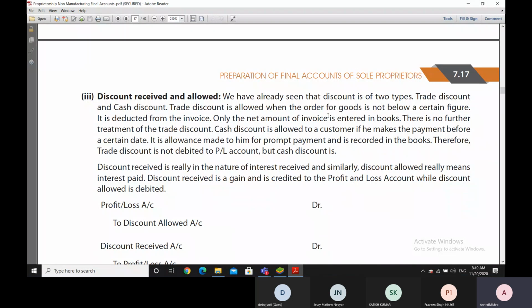I mean, if somebody is ordering a minimum amount of goods, then he gets that discount, and it is just deducted in the invoice itself. After deducting in the invoice itself, only the net amount of the invoice will be entered in the books, and the trade discount will not be entered in the books. It will be in the invoice.